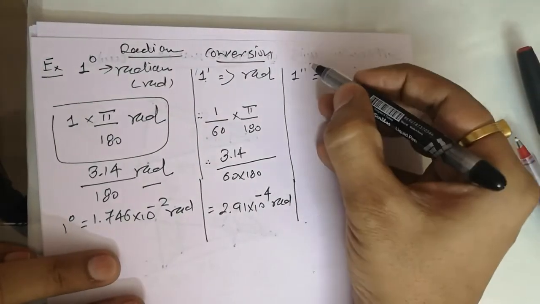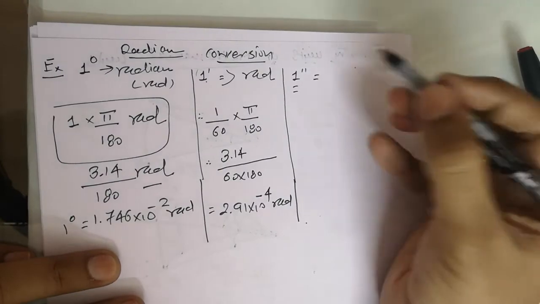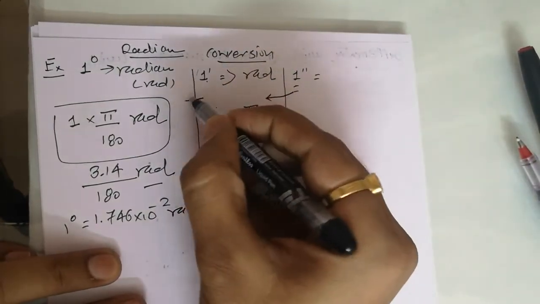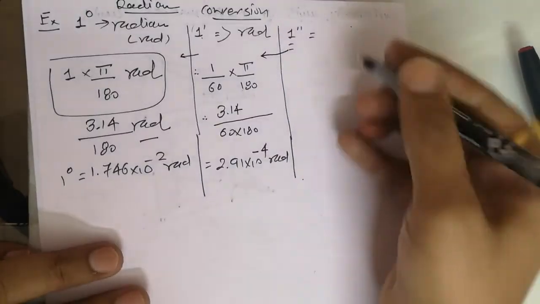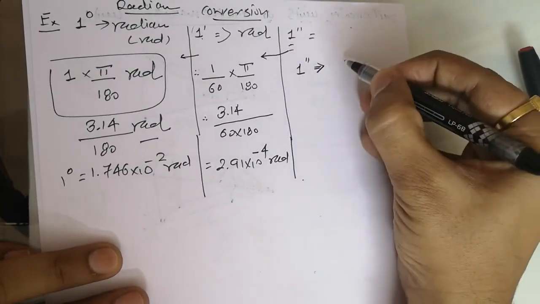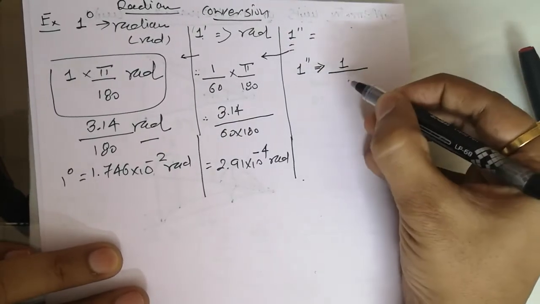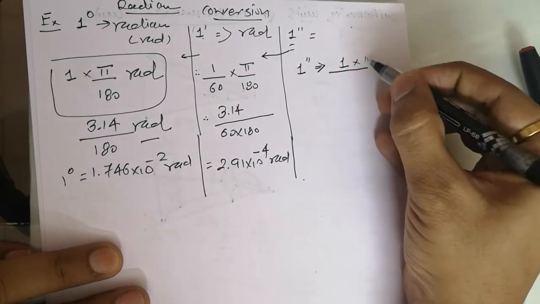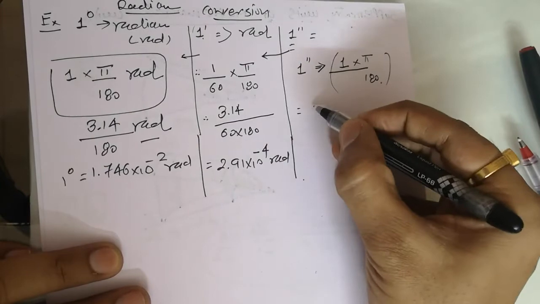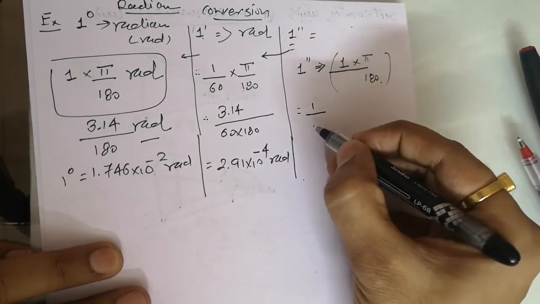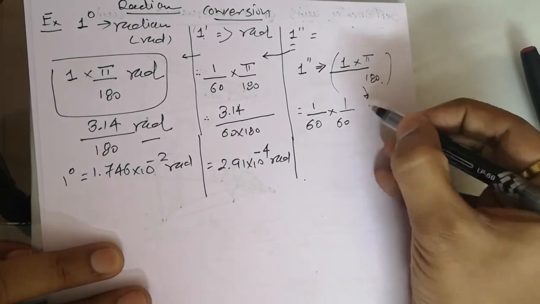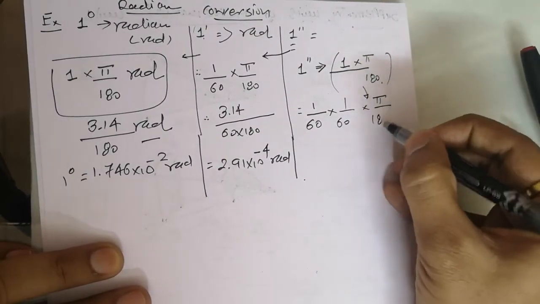The third one is 1 second. If I want to convert a second, first of all I have to convert it into minutes, and then from minutes go to the degree part. So 1 second converted into minutes and then degrees is 1 divided by 3600, multiplied by pi upon 180.